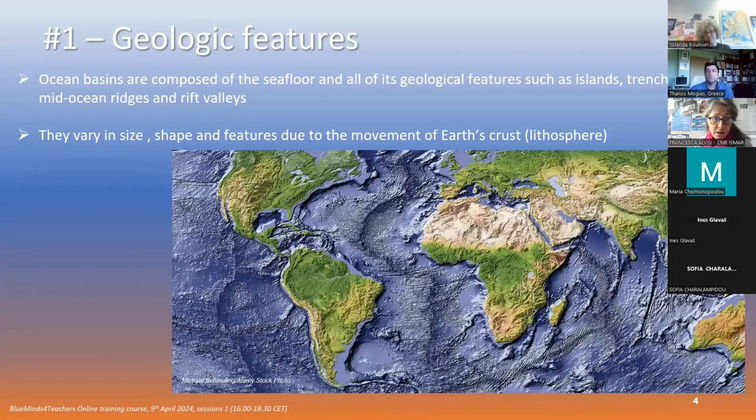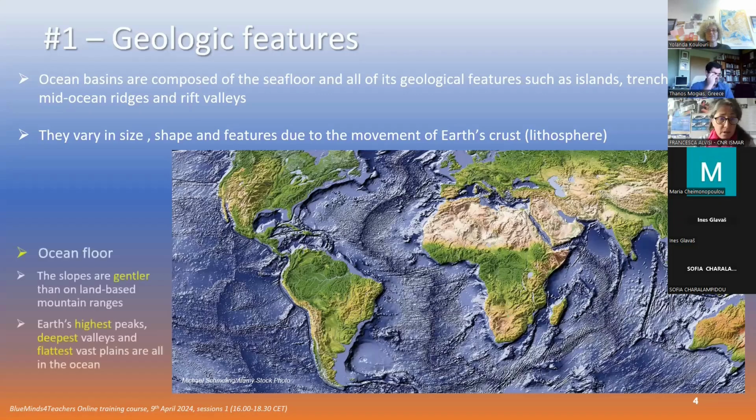So the ocean floor, the ocean basins, are composed of the seafloor and all of its geological features: islands, trenches, mid-ocean ridges, and rift valleys. They vary in size, shape, and features due to the movement of Earth's crust, so just due to plate tectonics.